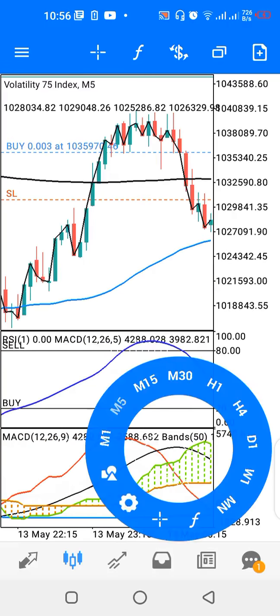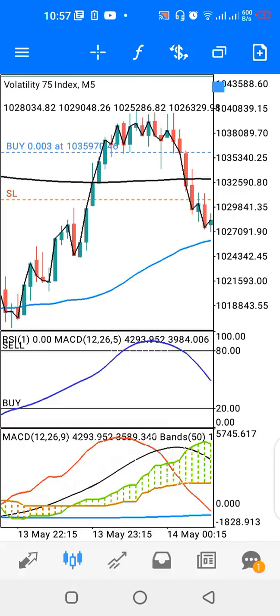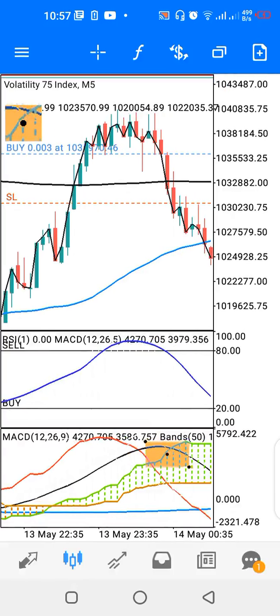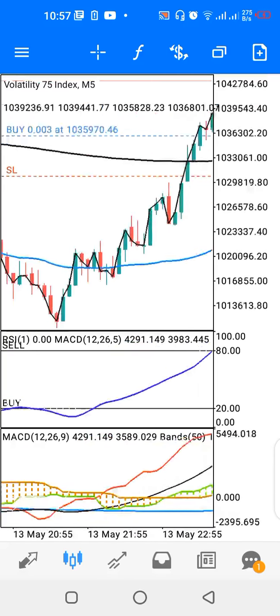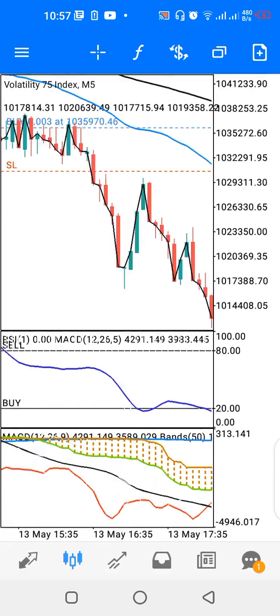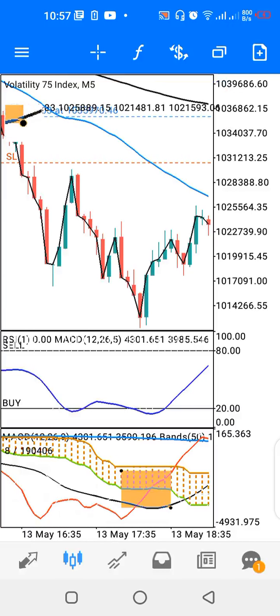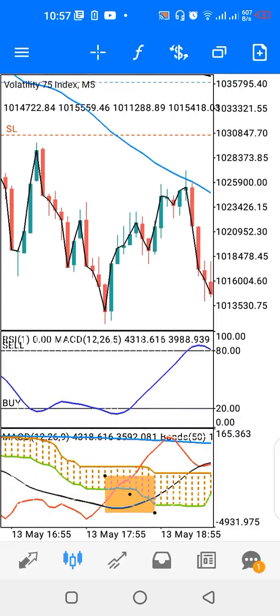Like you have around here, when the lines drop down on the Ichimoku and touch the top of the Ichimoku cloud, that's your sell signal. Like you have around there, this is a buy signal. When the two lines go down, cross over and then touch the base of the Ichimoku cloud, that's your buy signal.